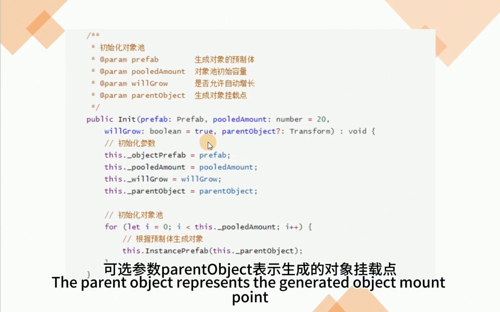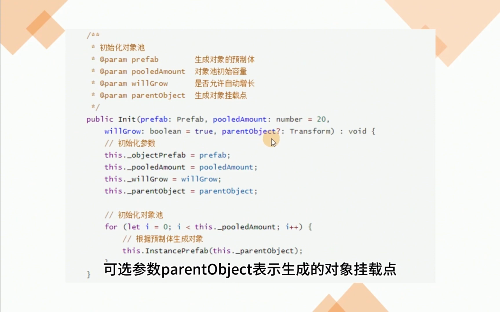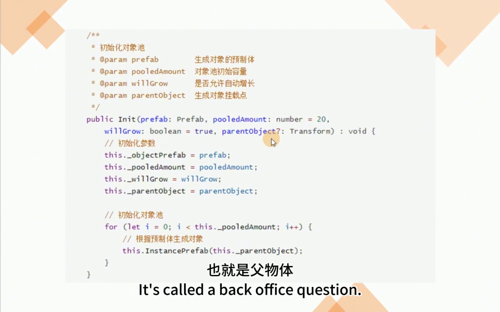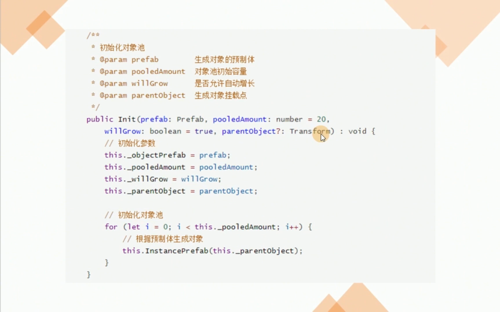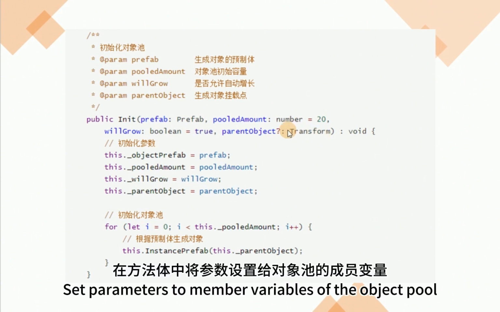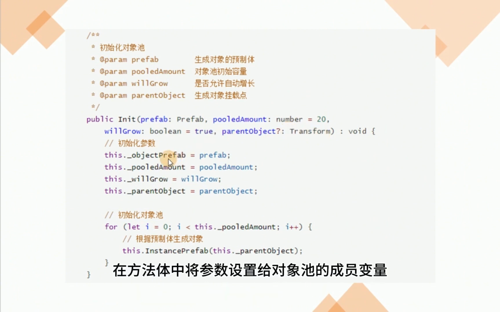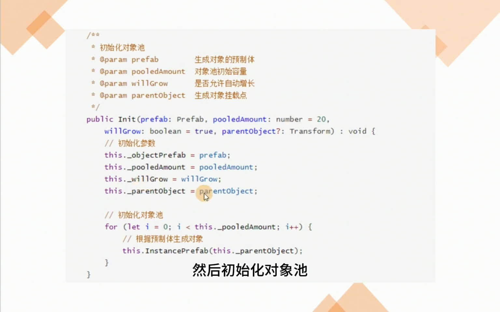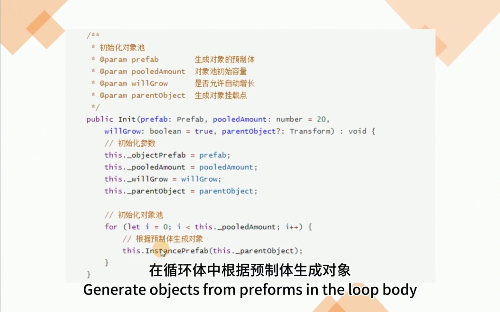The optional parameter parent object represents the mount point of the generated objects. In the method body, set the parameters to member variables of the object pool. Then initialize the object pool, generating objects from the prefab in the loop body.